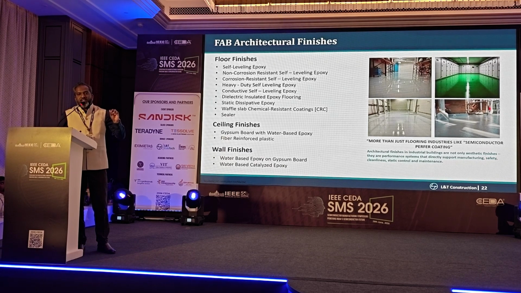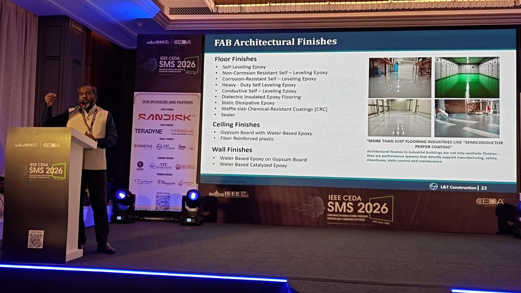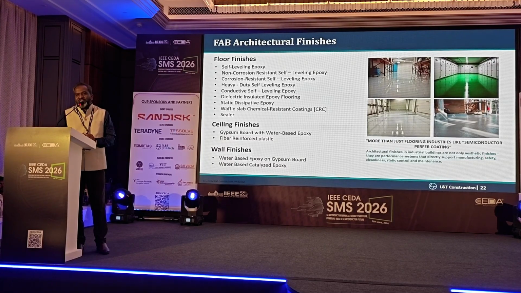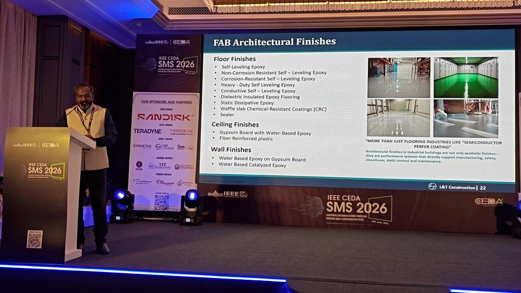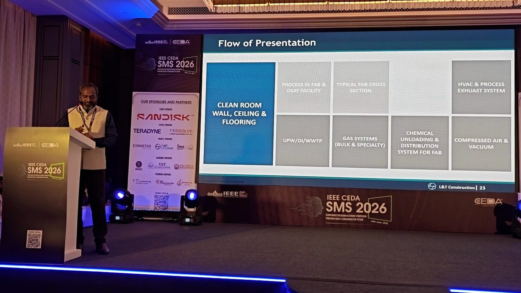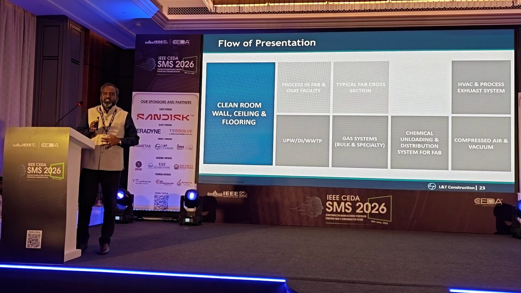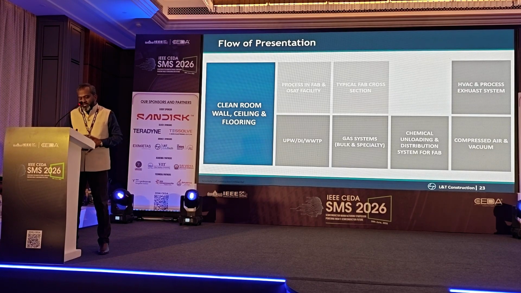There is a special coating that needs to be done because there are certain chemicals. If there is a leak, if it falls on concrete, it is just going to eat through the concrete and keep going down. So I would say that is about the civil structure, architectural part of a fab.